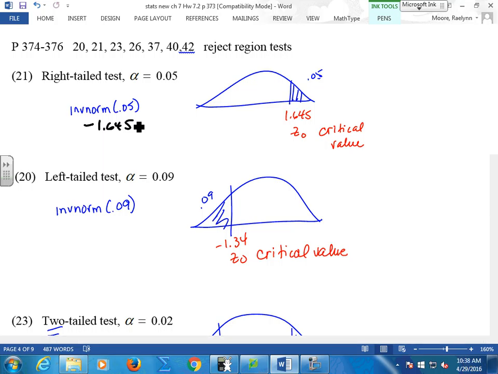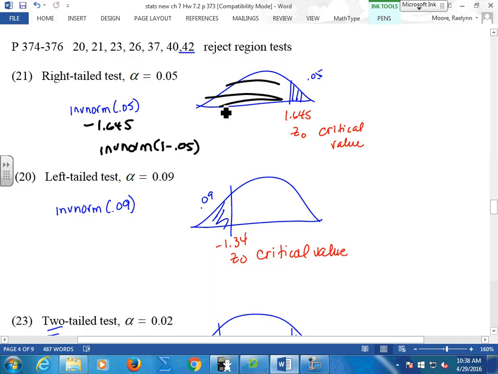What's another way I could look it up in inverse norm? 1 minus that. I can do inverse norm 1 minus, but I don't like to, because you're looking for all this area. I think it makes you think you're looking at the other side of it. Your tail is still your right tail.